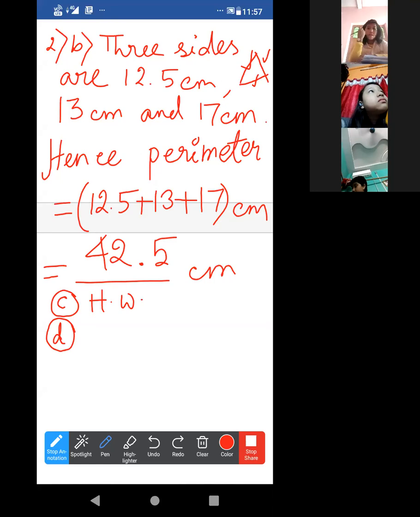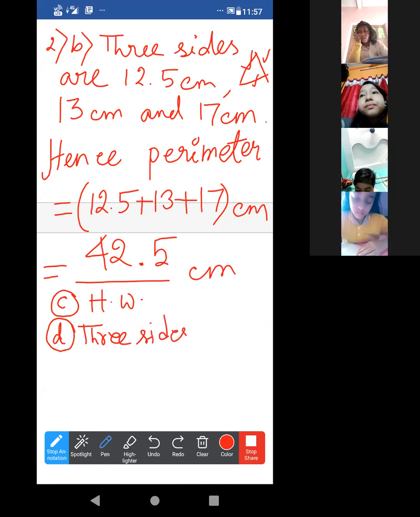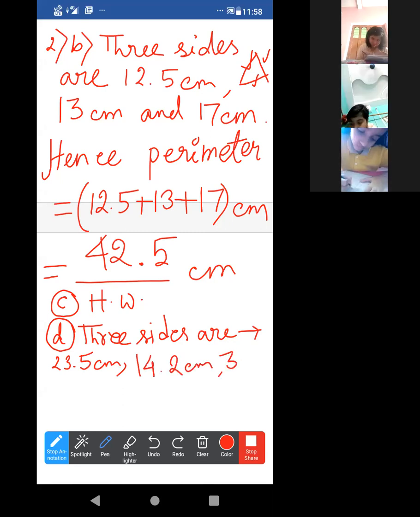Now look at this. Number D. Pratibha, understood? Swarnakshi? Okay, good. Number D, three sides are 23.5 centimeter, then 14.2 centimeter and 31 centimeter. So find perimeter.